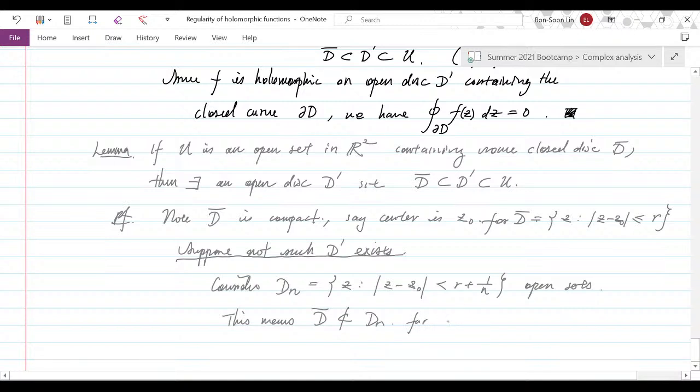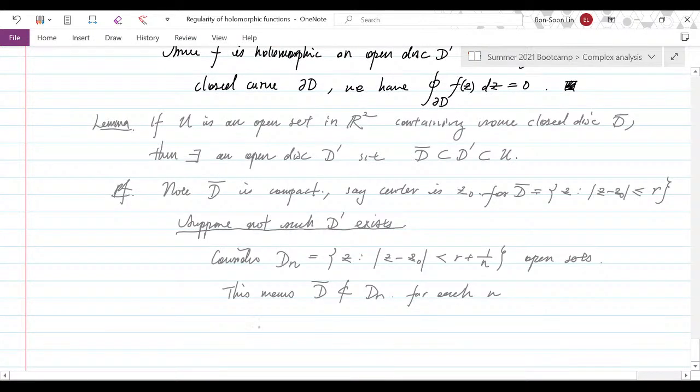Because if one exists, then we're done. So we're assuming that no such open disk exists. What does that mean? Well, that means there is a point in Dn that is outside of U. So let's call it zn, in Dn that is not in U.